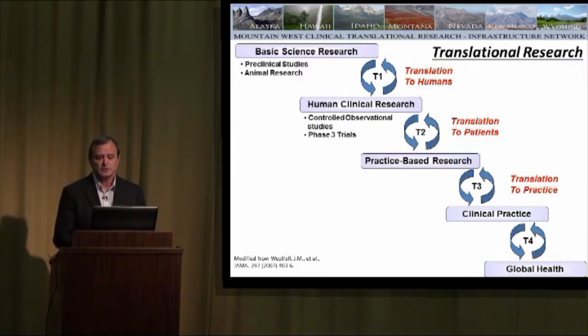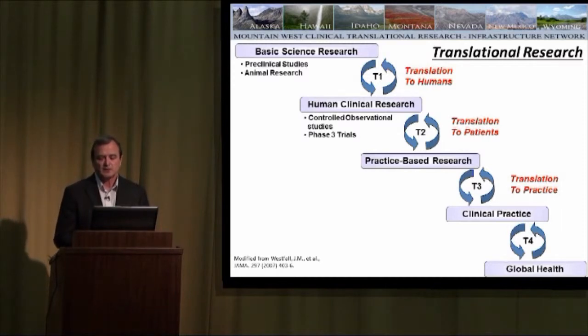We do fund T1 through T4 research, and as defined here, they are the steps that move preclinical studies into the clinic. T1 is the first studies that test whether a basic science finding or an animal finding can be moved into a patient population.